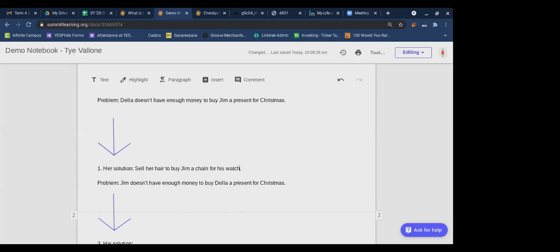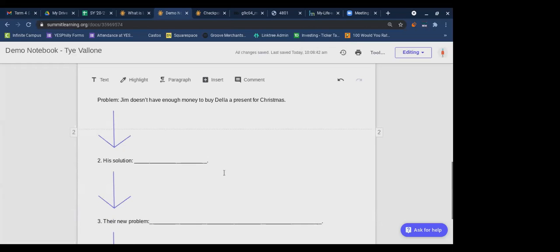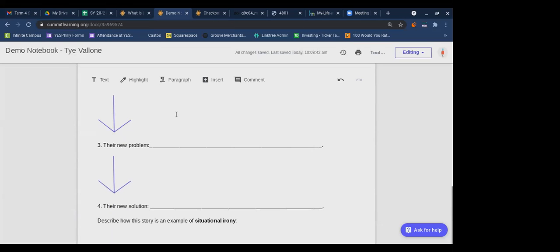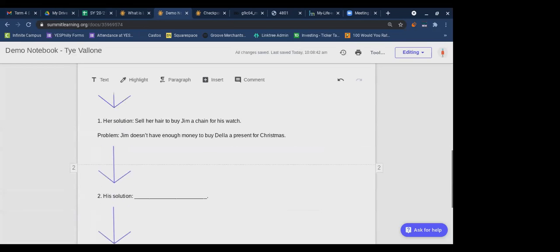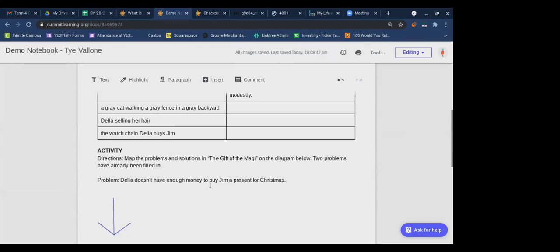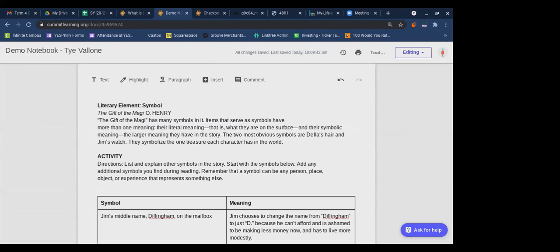Okay. So then as you progress through the story, you would tell me what's Jim's solution to buy a Christmas present for Della. And then now what's their new problem? What's their new solution? And then lastly, how is this story an example of situational irony, right? And then when you do all that, you are good to go and you are done with this checkpoint, okay?